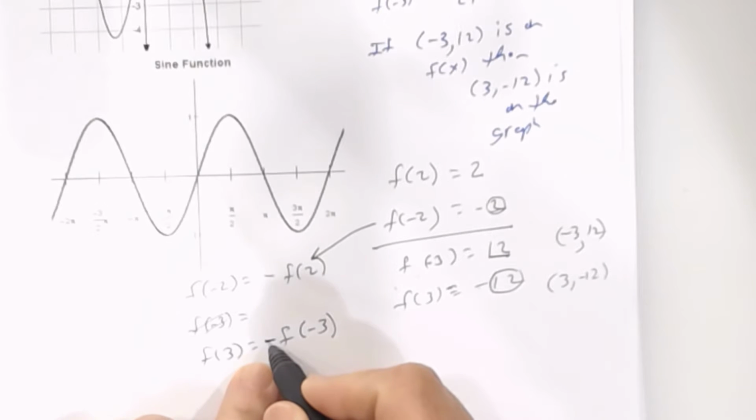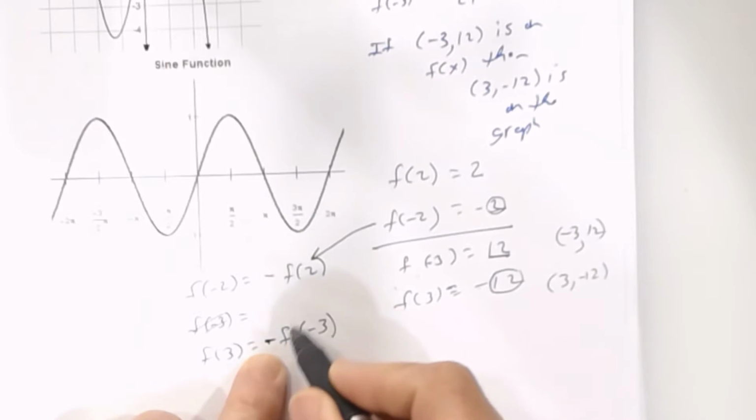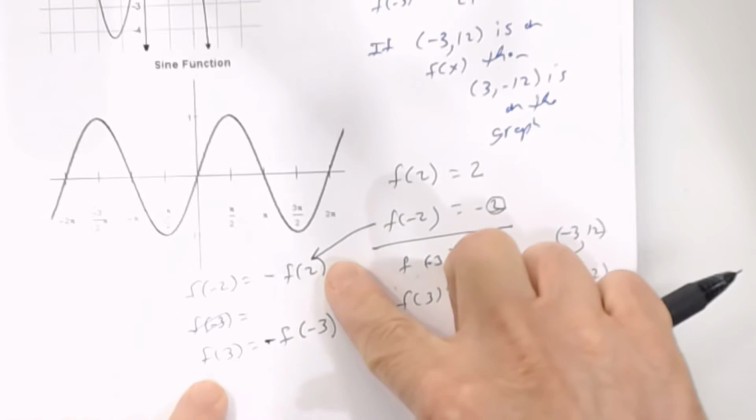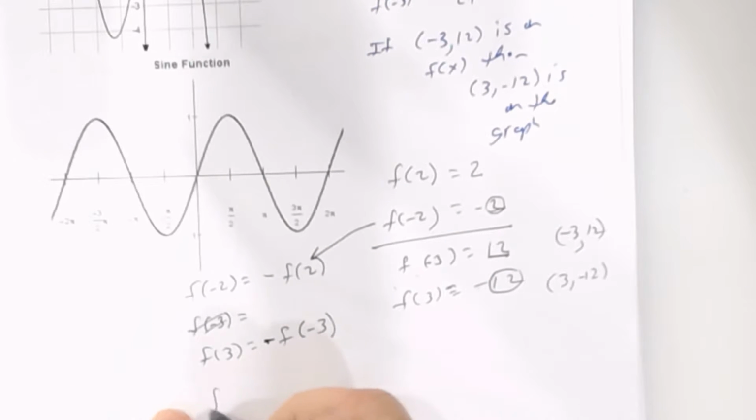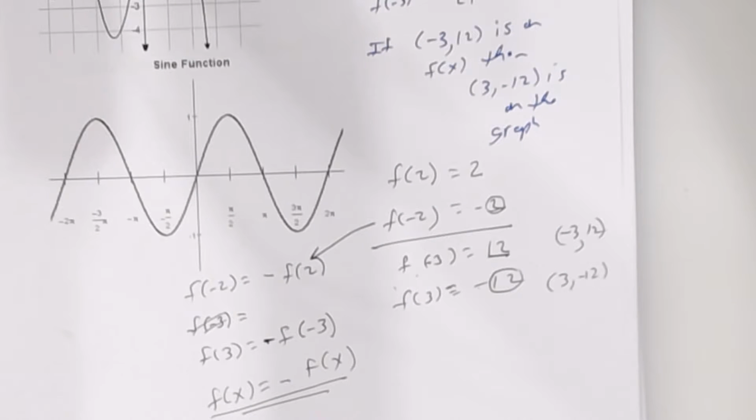I forgot to put the negative right here. So negative, and then 12 is what? f of negative 3. So in general, I want you to see this. If I have f of x, then that's going to be the same as negative what? f of x. All right, so that's the one I wanted you to make.